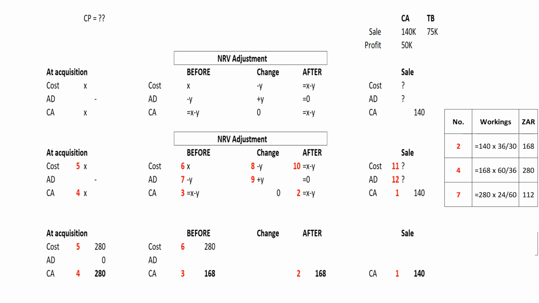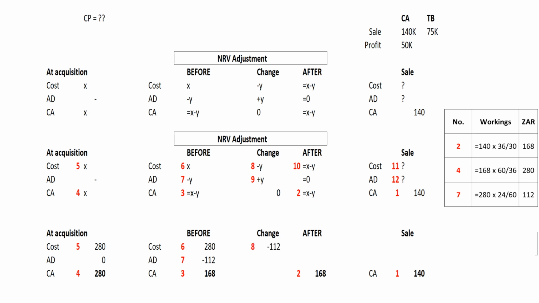We will then need to account for depreciation of 2 years or 24 months, being the cost of 280 multiplied by 24 months over your total useful life of 60 months to give you a value of 112.